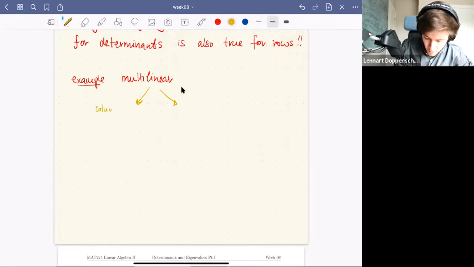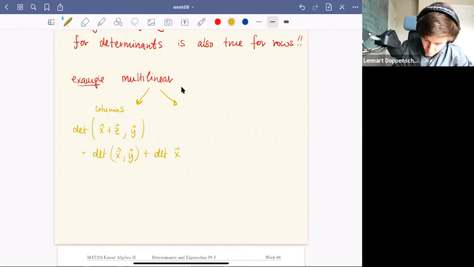That's what we did in this lecture. And then we said that the determinant of two columns, x plus z comma y, is equal to the determinant of x comma y plus the determinant of z comma y.